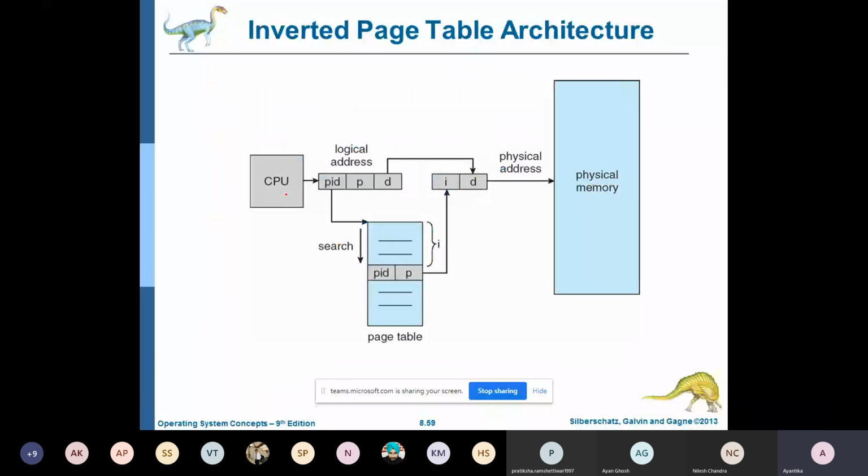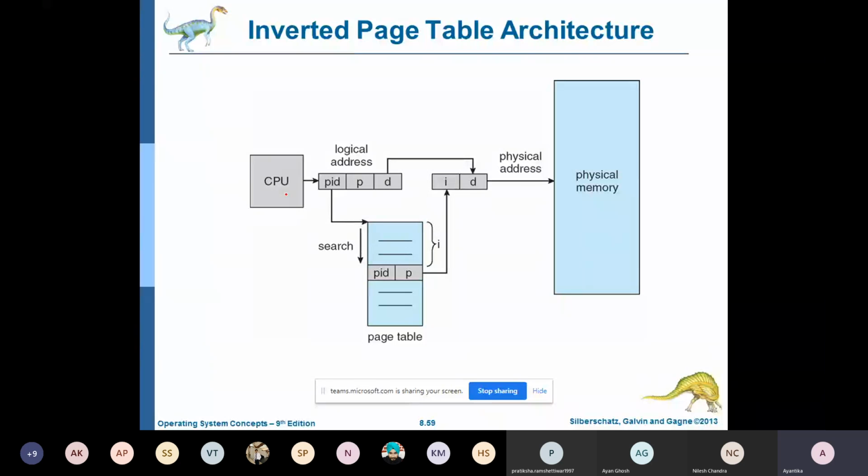The inverted page table concept is a bit different, where you think of a single page table, starting your thought process with reference to the physical memory frames, not from the pages. So there are different advantages of that.